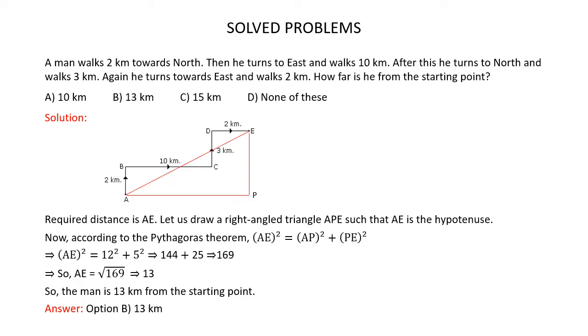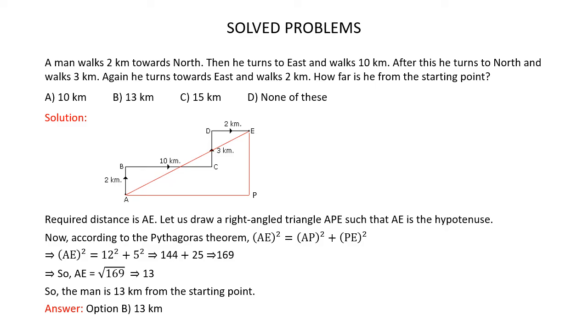Now from this diagram, it's clear that AP is equal to 10 plus 2, that is 12 kilometers, and PE is equal to 2 plus 3, that is 5 kilometers.